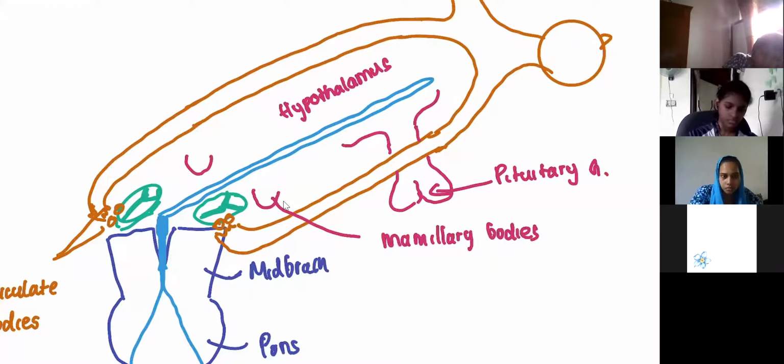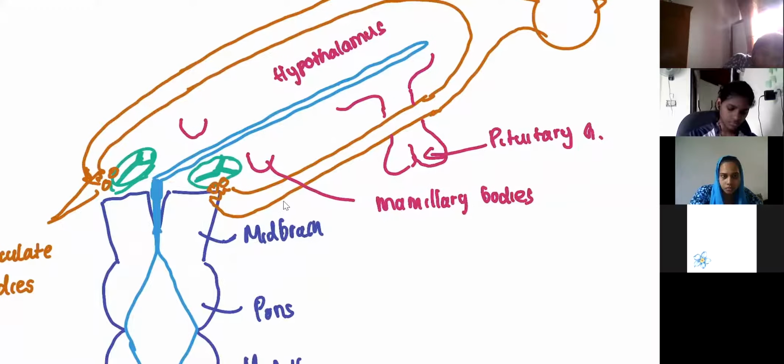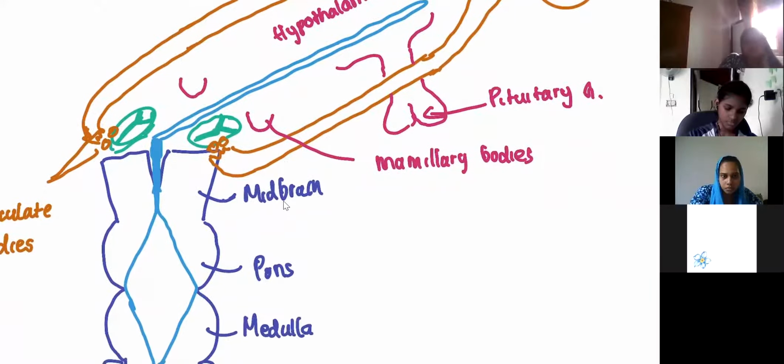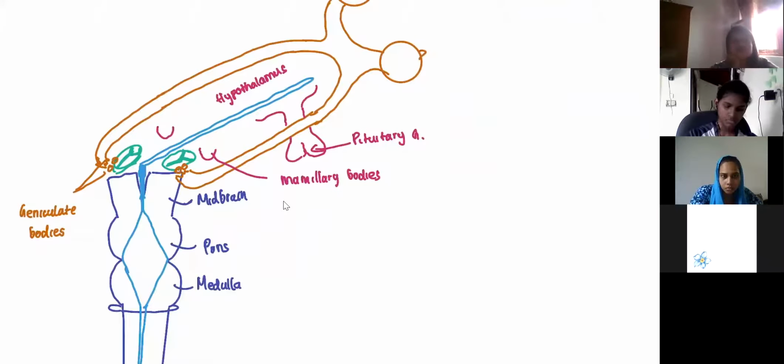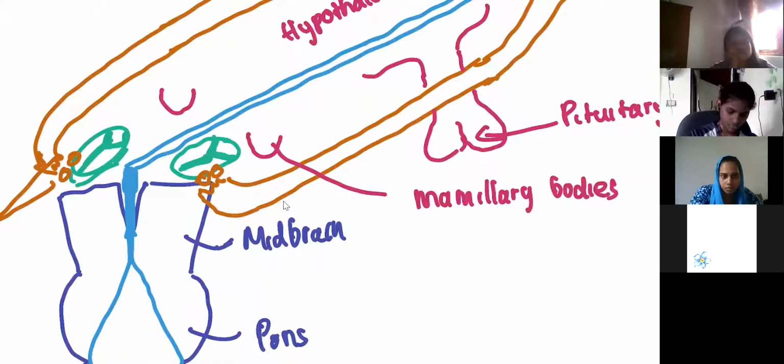Guys, I'm going to tell you something, and this will be important when we learn the limbic system. There are some fibers that come from the mammillary bodies to the anterior part of the thalamus. They're called mammillothalamic fibers.